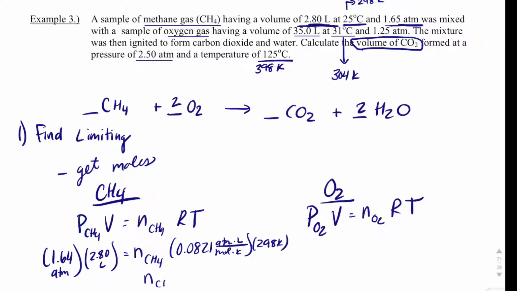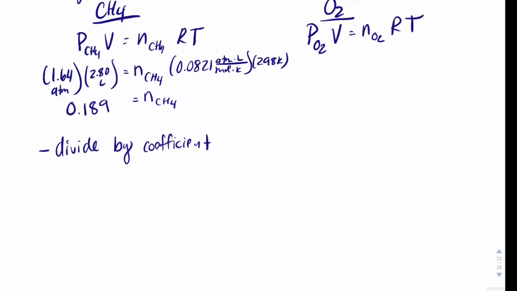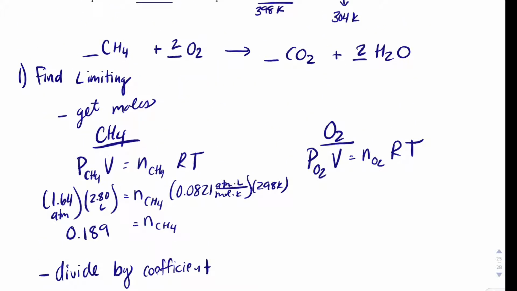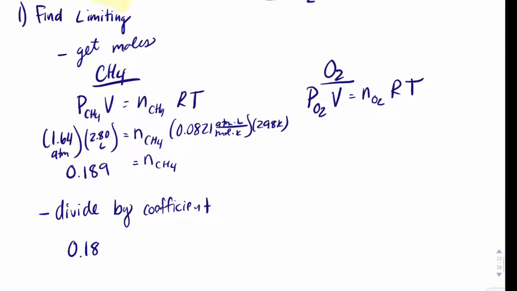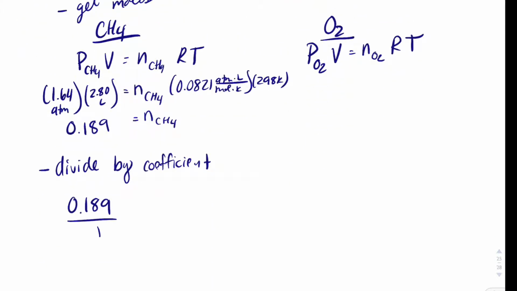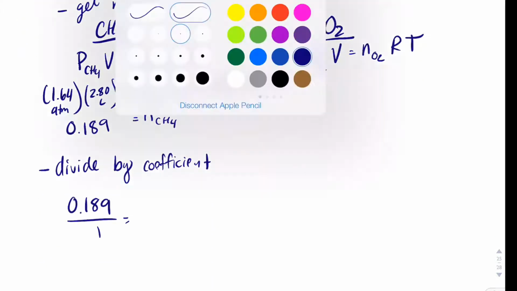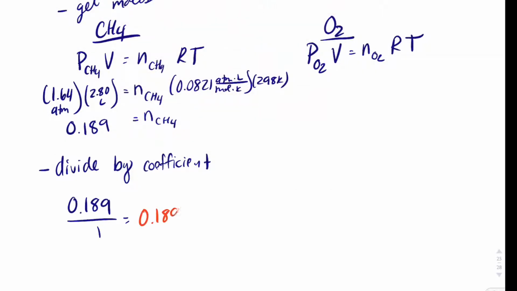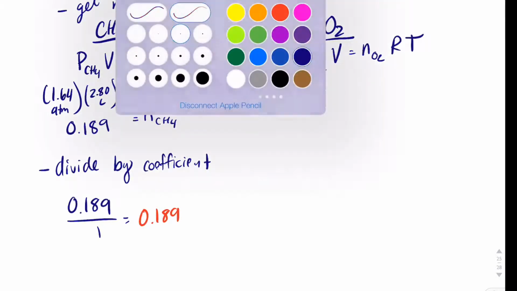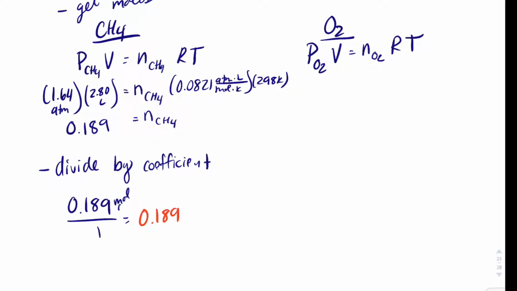When I math that out, the moles of CH4 is 0.189. The coefficient is 1, excuse me, I mathed that too quickly. When I divide by the coefficient, I get 0.189. This was moles of CH4.